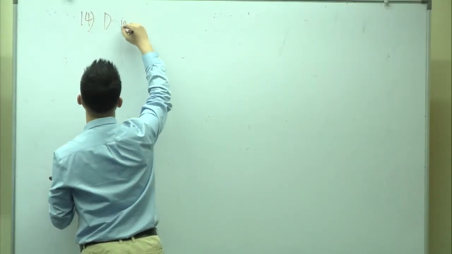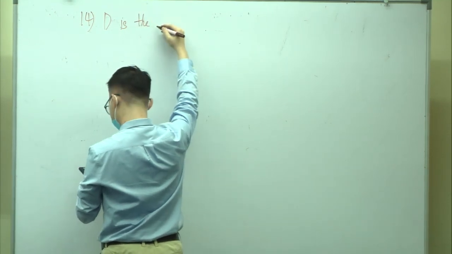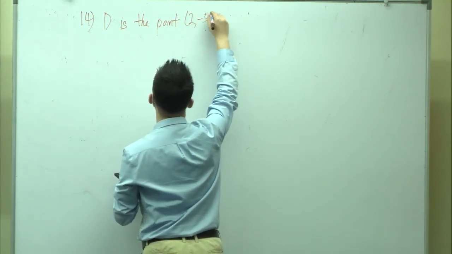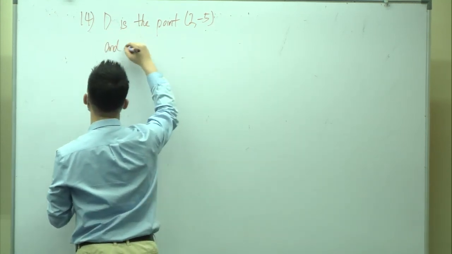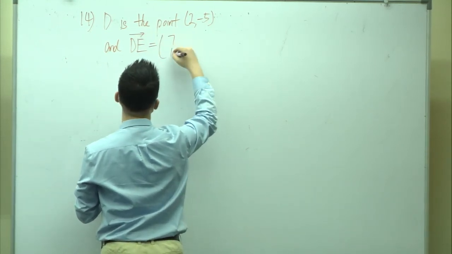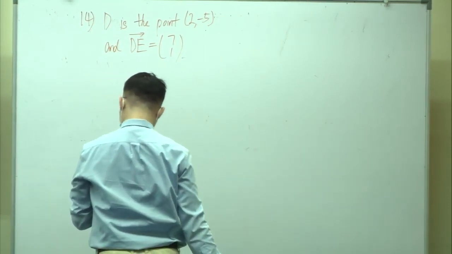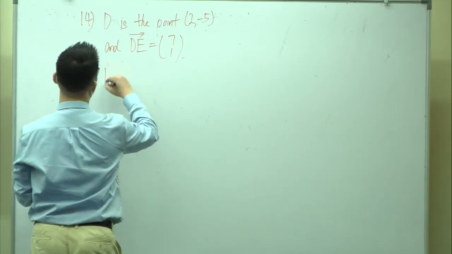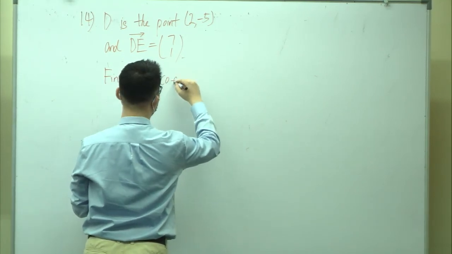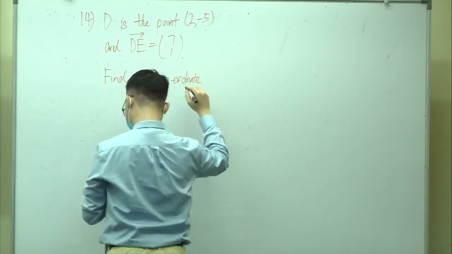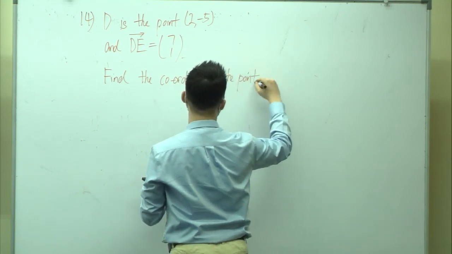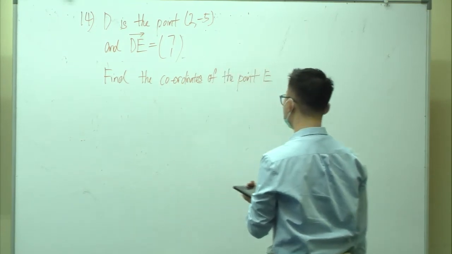This question 14 will tell you that D is the point and D so find the coordinate of the point E. Okay, this is the question.